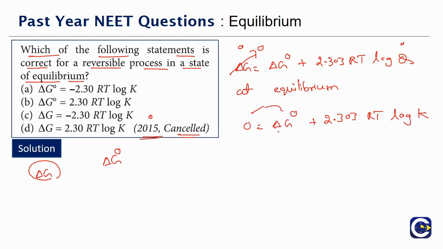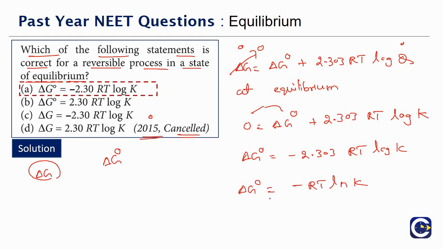Which means if we rearrange it, what we are going to get, del G naught will be equal to minus 2.303 RT log K. Otherwise, in terms of natural logarithm, we can also write it as minus RT ln K. So del G naught will be equal to minus RT ln K. So what is the correct option for this?